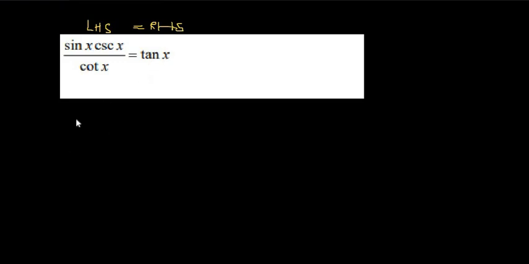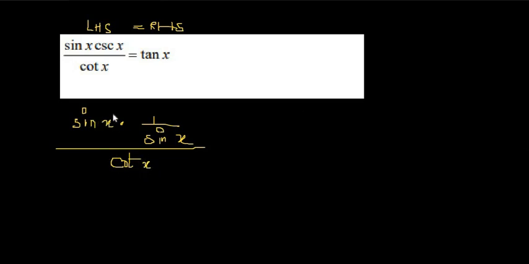So let us write it as sine x times cosec x. So cosec x, I can write it as 1 over sine x. So I'm going to write it 1 over sine x, whole thing divided by cot x. So I will write cot x the same way it is.